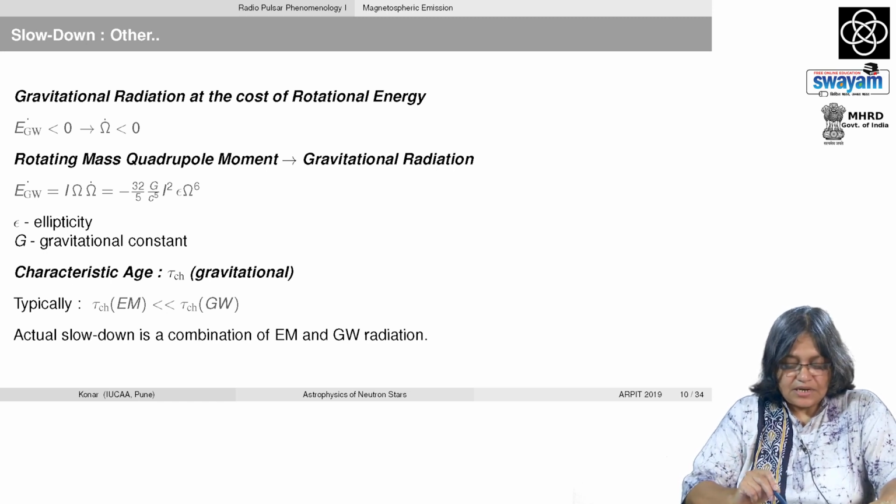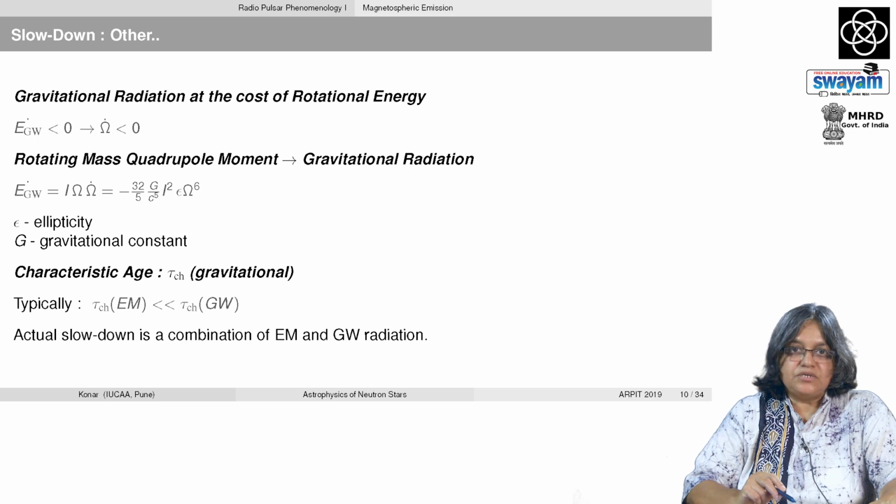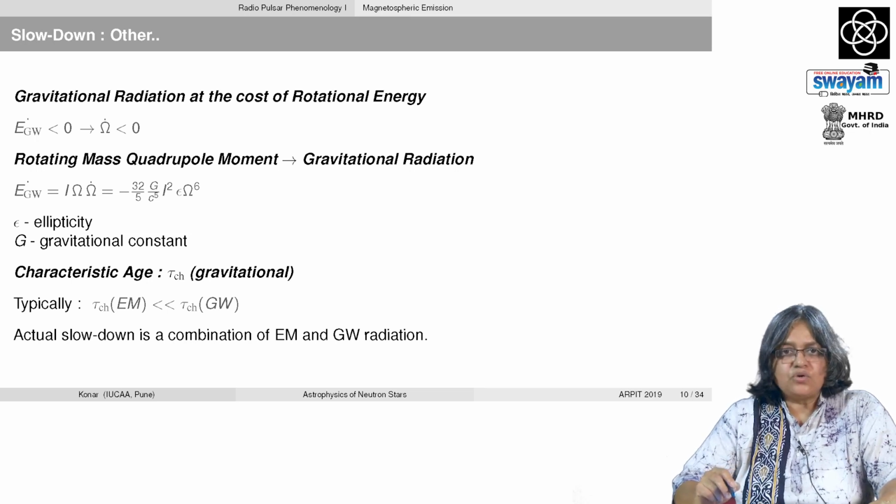Typically, such an age, the gravitational wave radiation age, would be much larger than the characteristic age estimated by the electromagnetic radiation. The actual slowdown is a combination of the electromagnetic and the gravitational wave radiation.